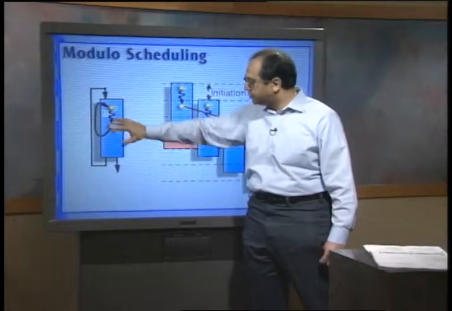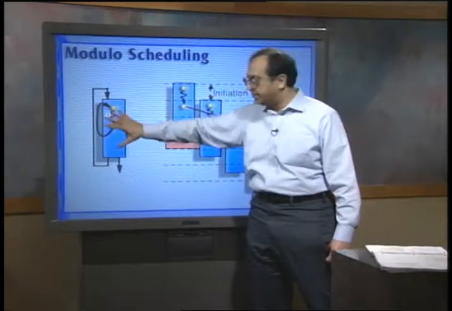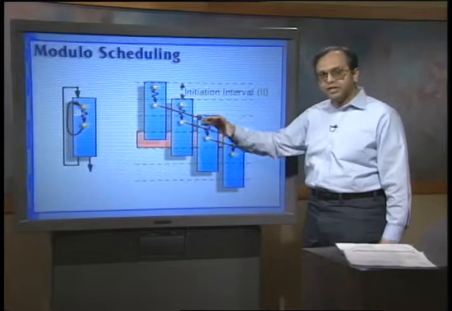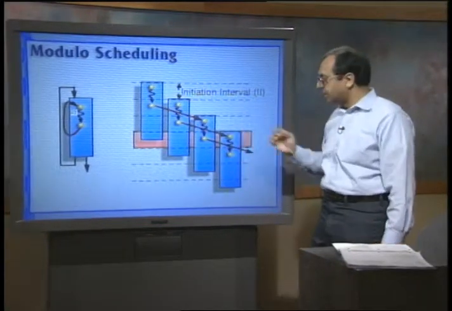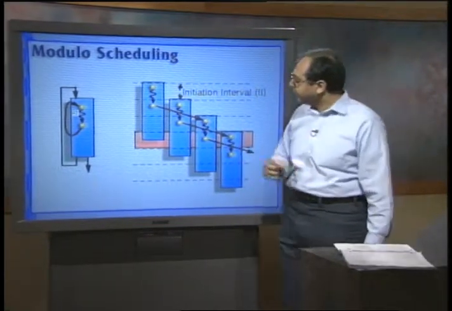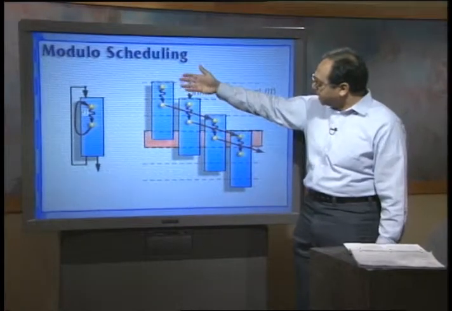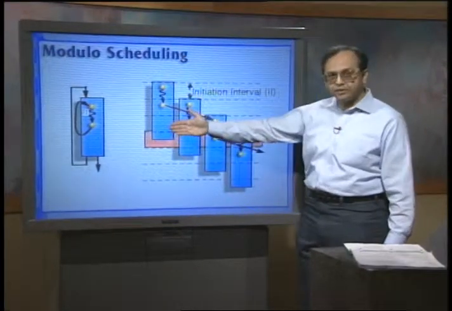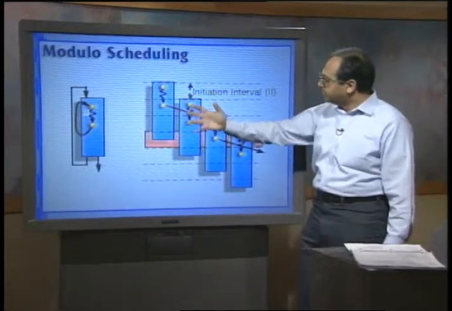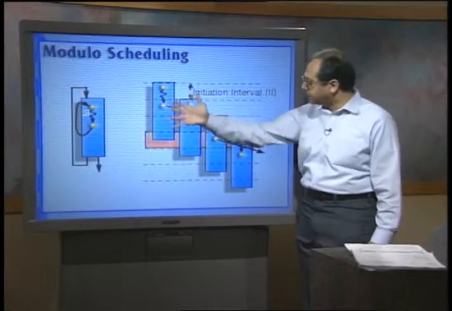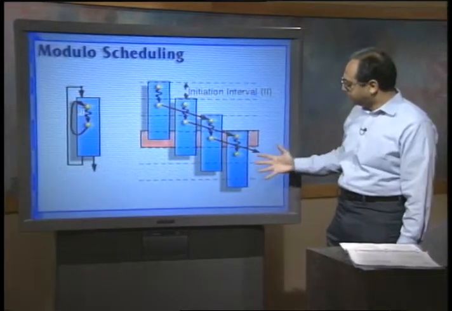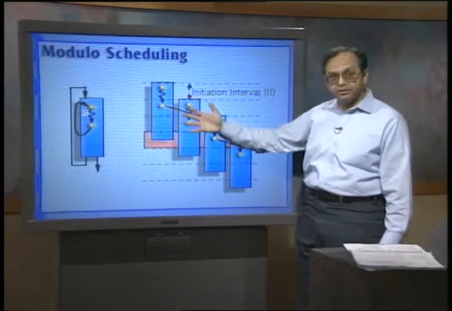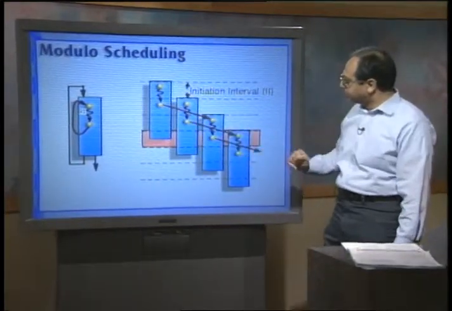But instead of trying to first decide how to move it and then do the scheduling, we will once again try and schedule first and then decide how it should be moved. So in fact, what we will do is come up with a single schedule for one iteration, but design it in such a way that it interleaves with the resource usage and the data dependencies of all the different iterations.